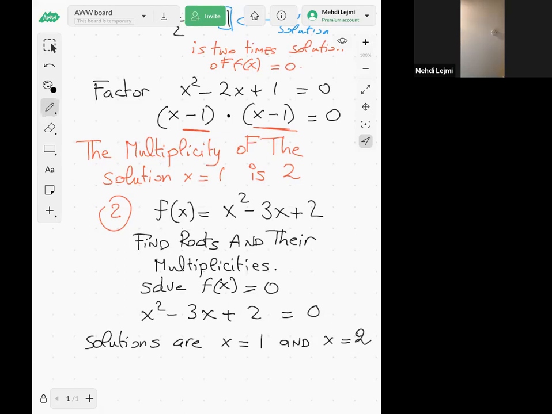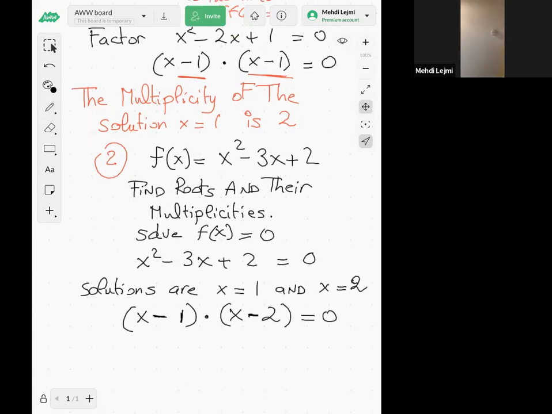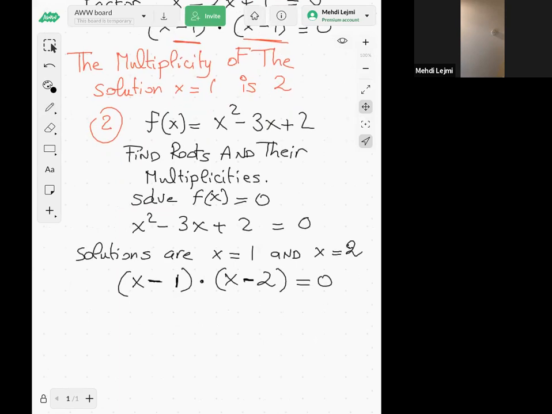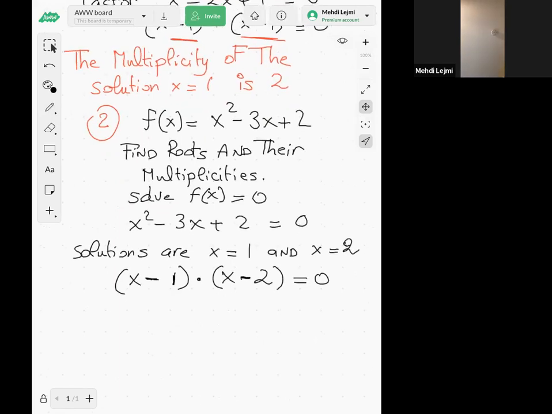If you factor x squared minus 3x plus 2, it's going to be x minus the first solution, x minus 1, times x minus the second solution, x minus 2, equal to 0. So you see, guys, when you factor, it's always x minus the solution.